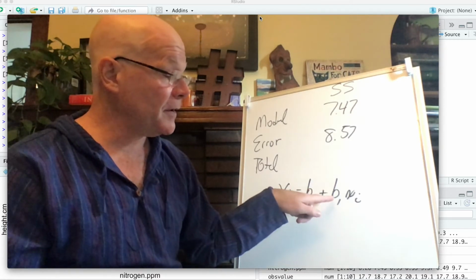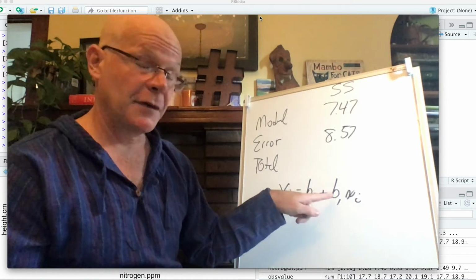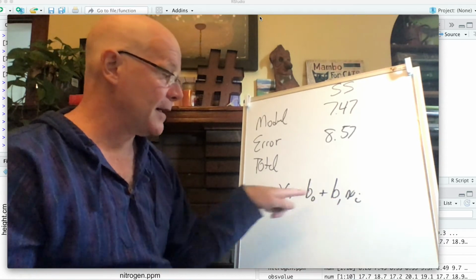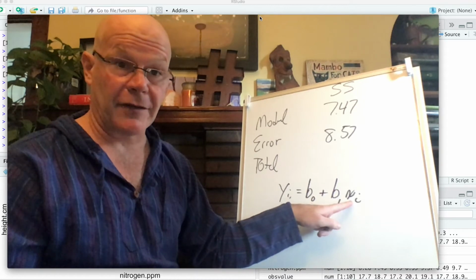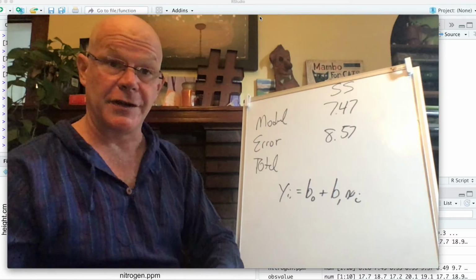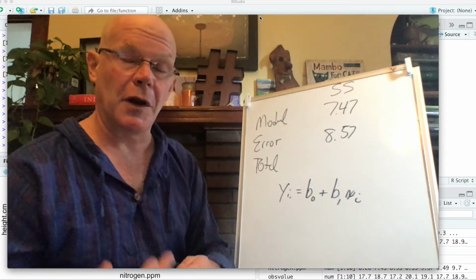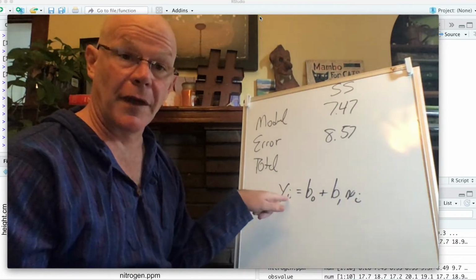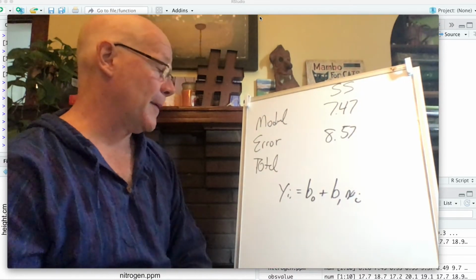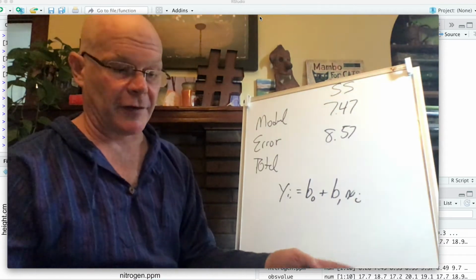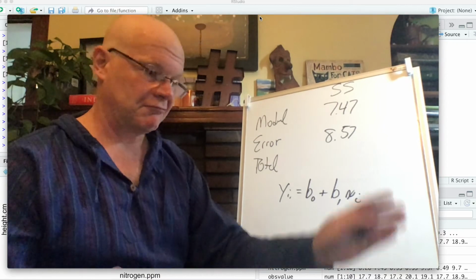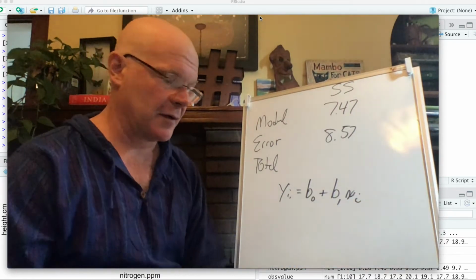But if the slope is different from 0, and you feel confident that it's different from 0, that means that your value of y will change as a function of x. And that's what our linear model is doing: we're asking whether or not the amount of nitrogen in any way influences what our predicted value is for the height, for our y. And so our formal statistical hypothesis, again, our biological hypothesis would be something like, nitrogen affects the height of plants, or nitrogen doesn't, however you want to phrase it.